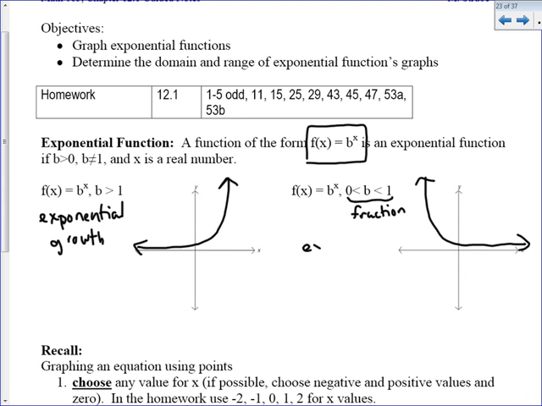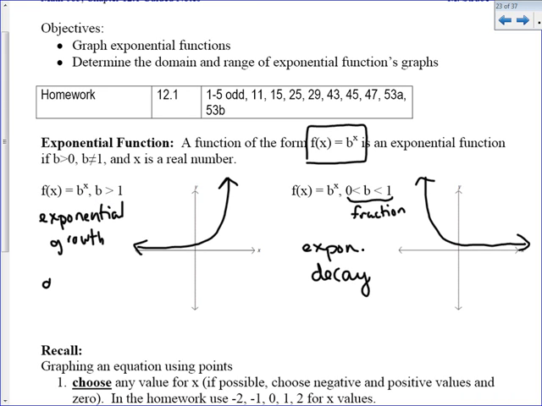And this is an exponential decay. Now those graphs can be moved around. They're not always sitting right there. But if you have just a regular b to the x, so there's nothing else that's added on to the end of that.